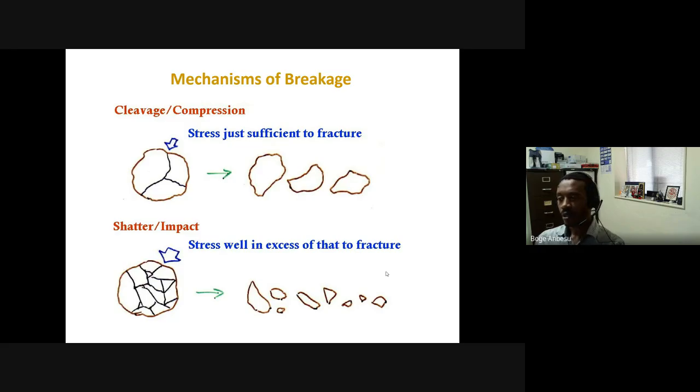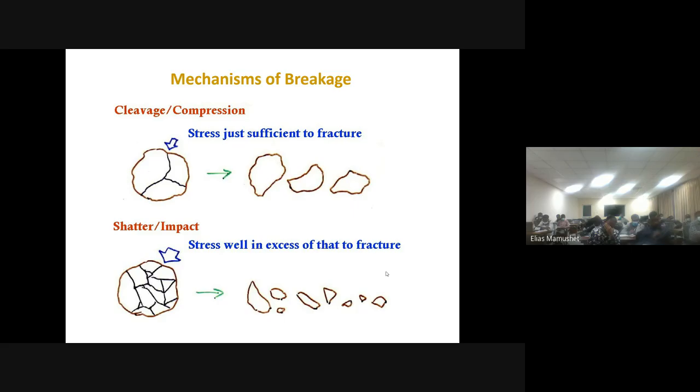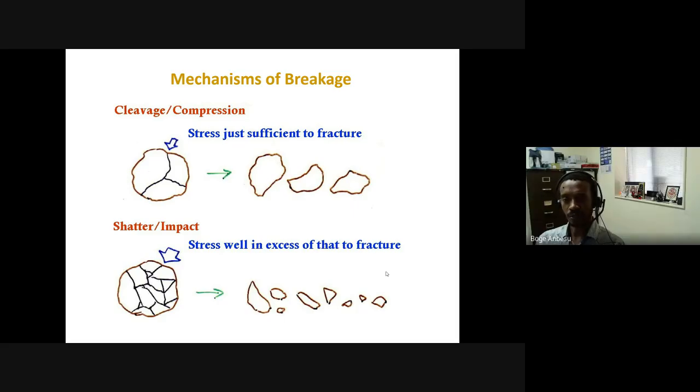If you have an impact crusher, then the idea is to smash the rock at a very high force, to produce a large number of fragments. So impact crushers are designed so that you can apply a very high stress to the rock, and you basically end up shattering the rock.